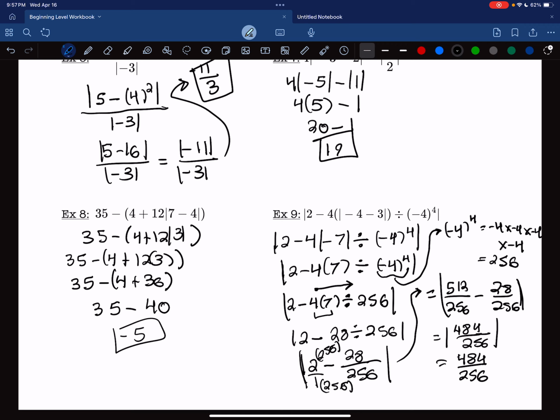And then we can reduce this fraction by dividing both the numerator and denominator by 4, and then we'll get our final answer, which is 121 over 64. And then you can put that in your calculator, do 121 divided by 64 if you would like to get a decimal. But otherwise, then we are finished with this section.